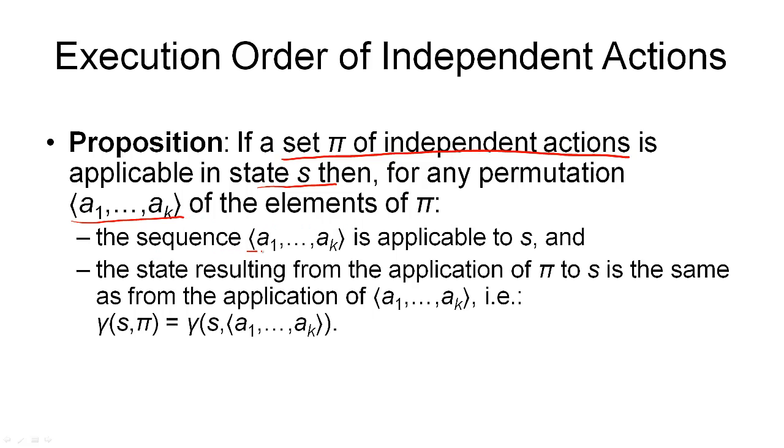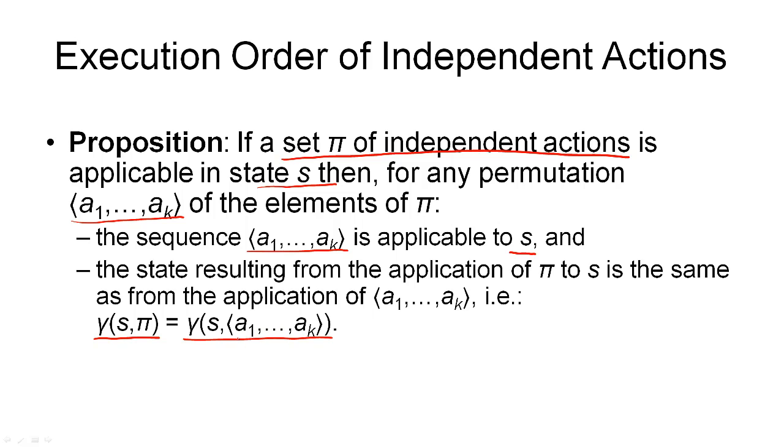This sequence of actions, A1 through AK, will be applicable in our state S, and the state that we get to when we apply our set of independent actions, this is the extended definition of the state transition function that we've just introduced in the previous slide, will be the same state as the one we get when we take the state S and apply the sequence of actions A1 through AK.